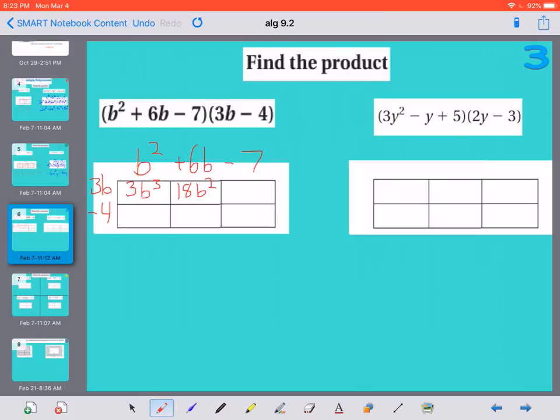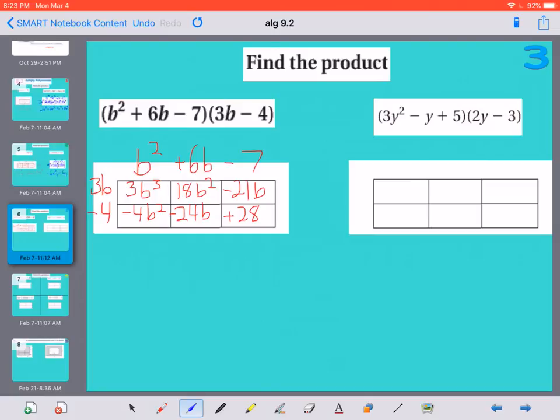And 3 times negative 7 is negative 21, with a b there. Then we have negative 4 times b squared, so that's going to give me negative 4b squared. Negative 4 times 6b is negative 24b. And negative 4 times negative 7 is going to give me a positive 28.